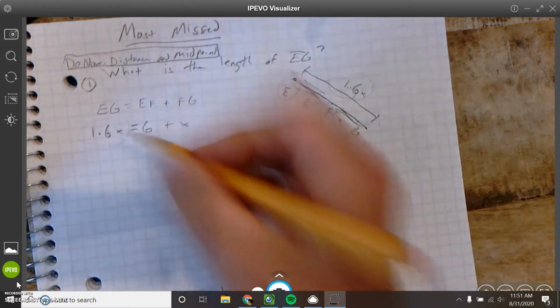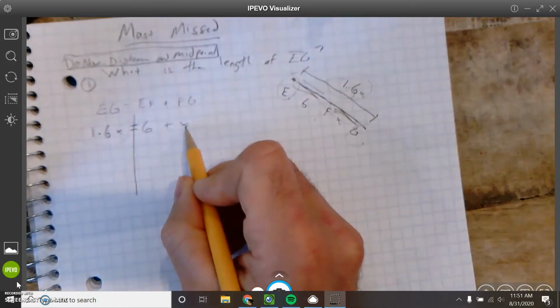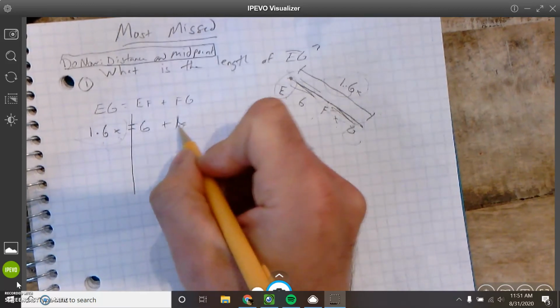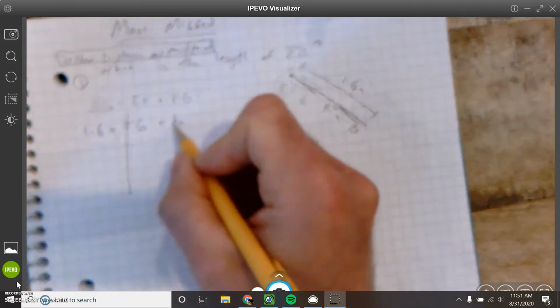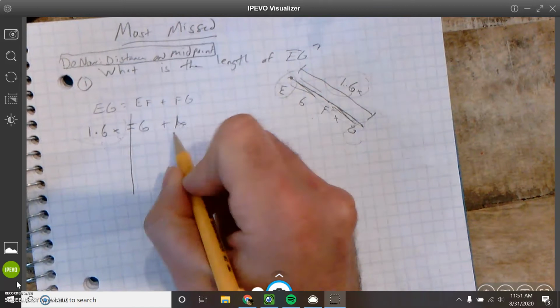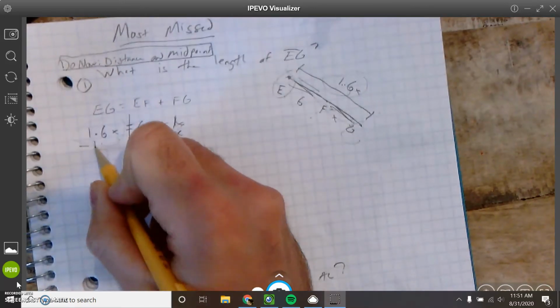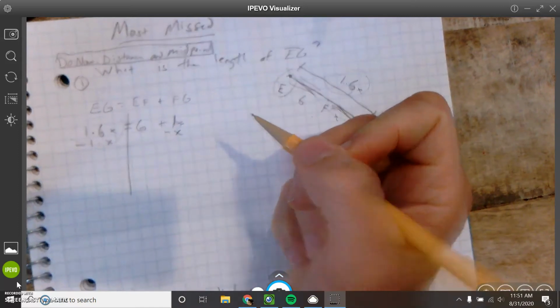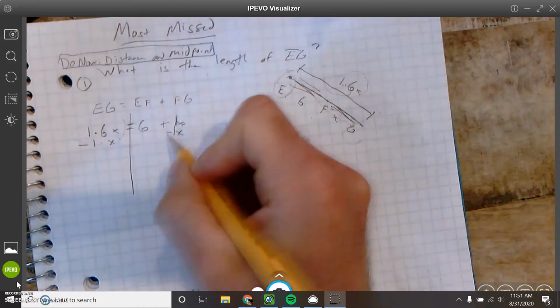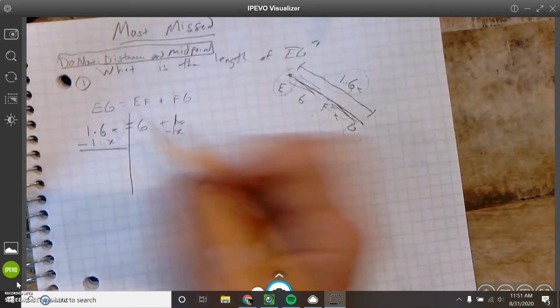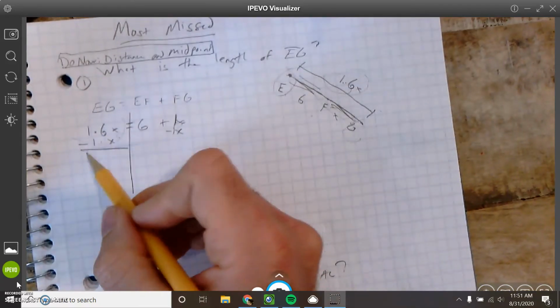I've got x's on both sides, so I'm going to draw the line here. Let's get the x's over here. This is 1x, the 1 is hidden, because 1 times anything is itself. So I'm going to subtract 1x. You can say 1x, so I'm going to put the 1 here. So 1.6 minus 1.